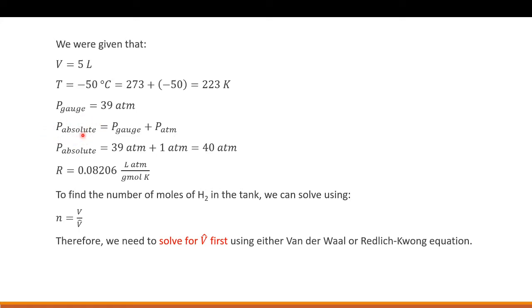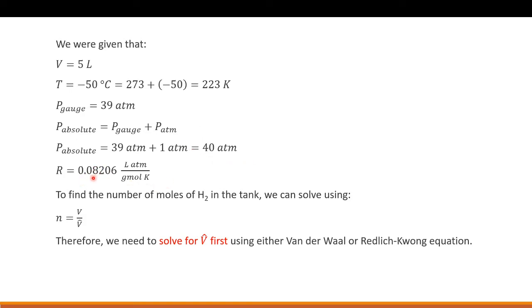So we have to find P absolute by taking P gauge plus P atmospheric, the atmospheric pressure, in which case our P absolute is 40 atm. So later on, when we substitute the pressure in, we will use P absolute as the P.